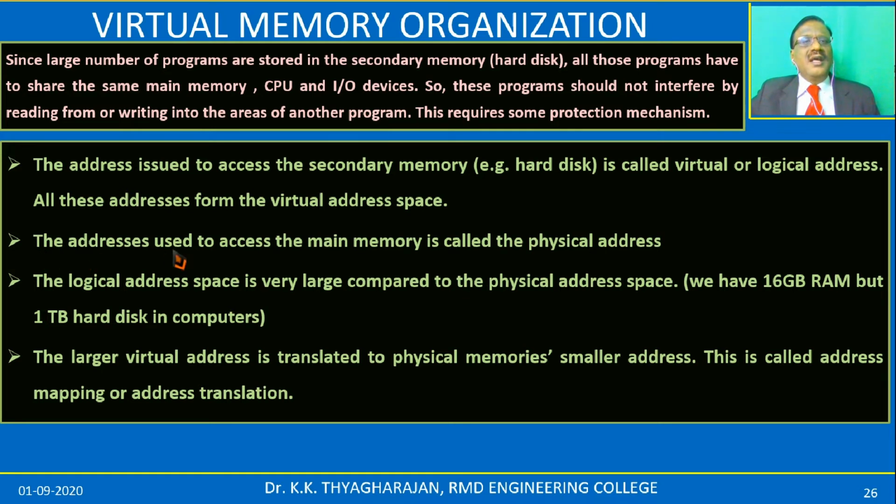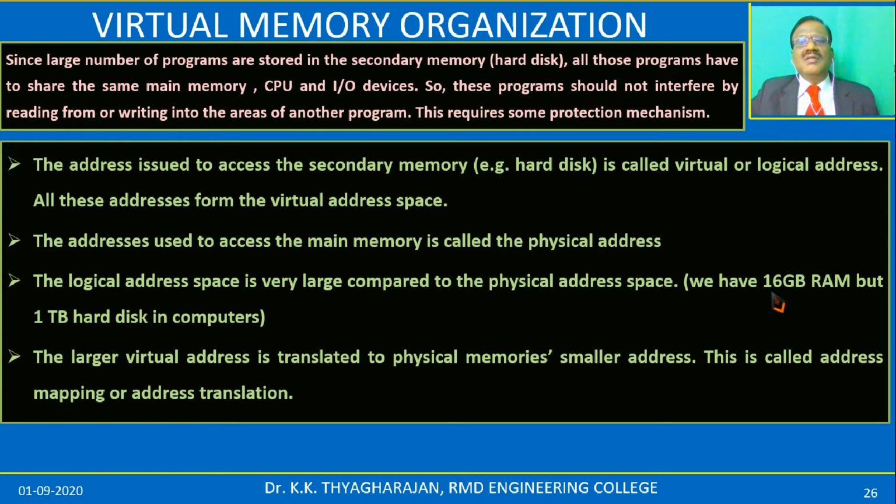The addresses issued to access the main memory are called physical addresses, and all these addresses form the physical address space. The logical address space is very large compared to the physical address space.